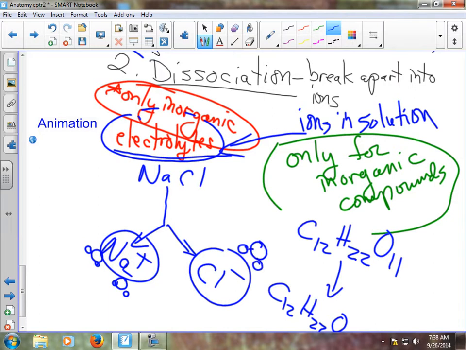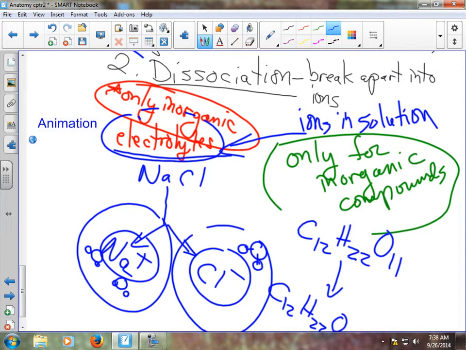And I'm not drawing it that great. But you create these hydration shells, and that is what we call dissolving, which I think is a pretty cool idea. So now I can't see these ions, all I can see is water.